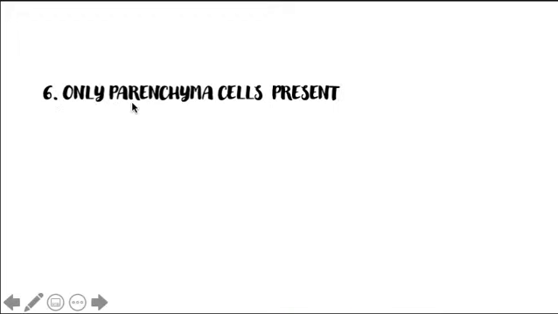Another important characteristic is that only parenchyma cells are present. Inside the bryophyte, you will not find different types of cells. There's only one type of cell, which is the simplest type of cell, the parenchyma cell.